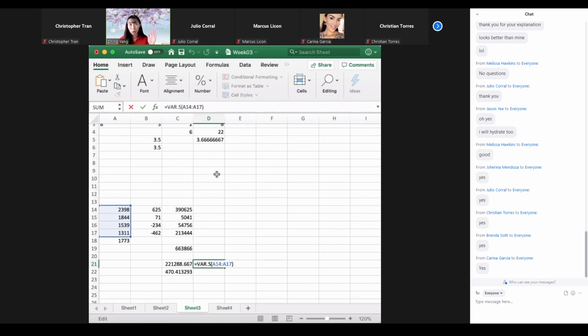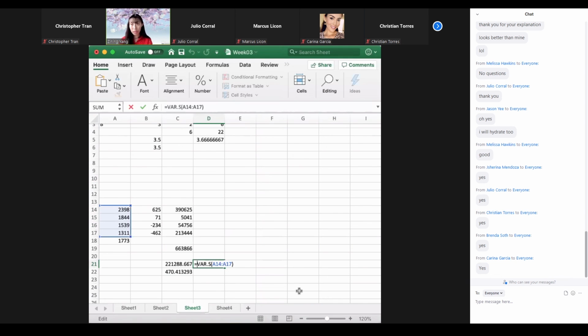So equals VAR dot S is the formula for calculating sample variance. And then put in parentheses your 4 input values. So you get the same variance. So again, this is the formula, VAR dot S.